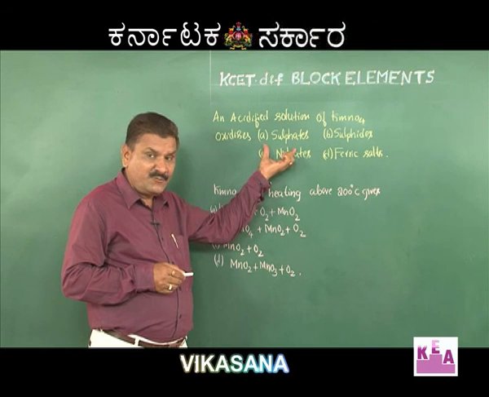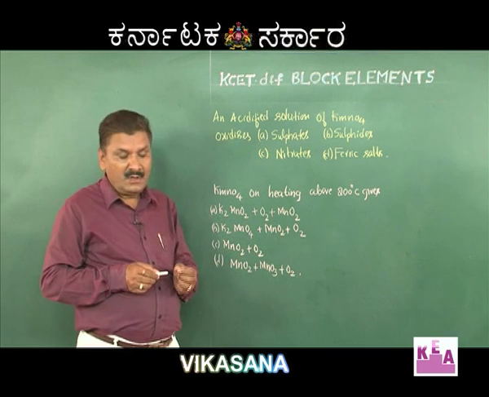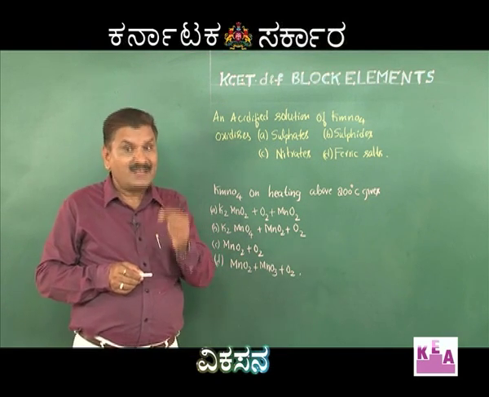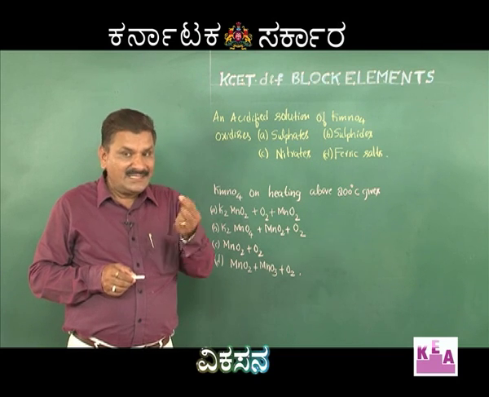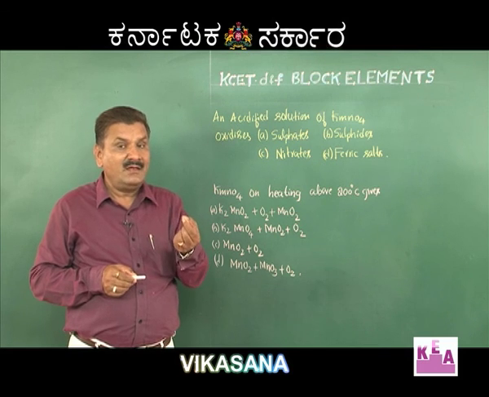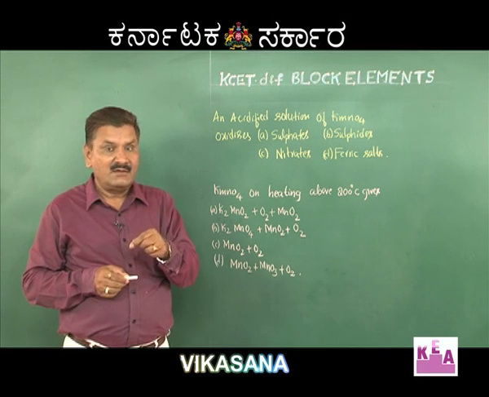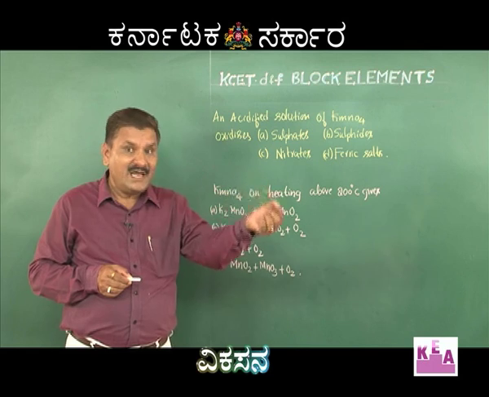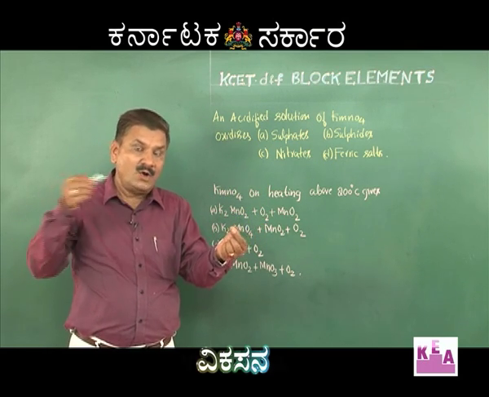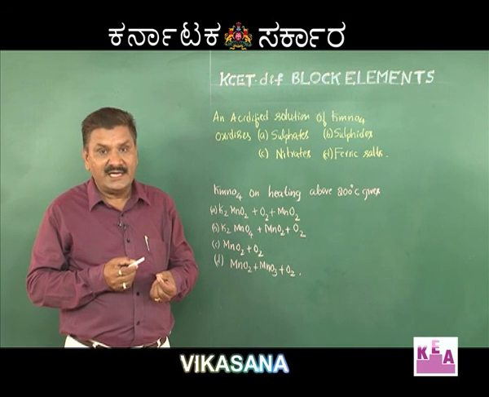To get an answer for this question, remember, if an oxidizing agent oxidizes, that substance which undergoes oxidation must be in lower oxidation state so that it can get oxidized or it can change to a higher oxidation state by the oxidizing action of oxidizing agent.